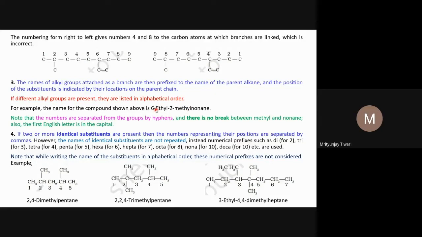Then there comes another rule, and this rule comes because there are many other possibilities. Based on the different possibilities, people have come up with different rules.